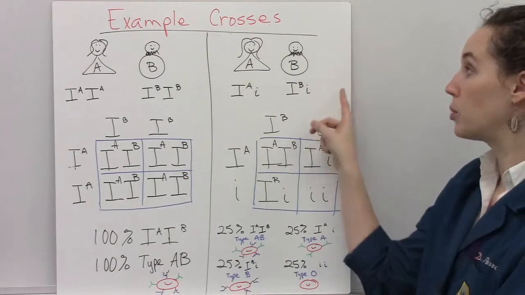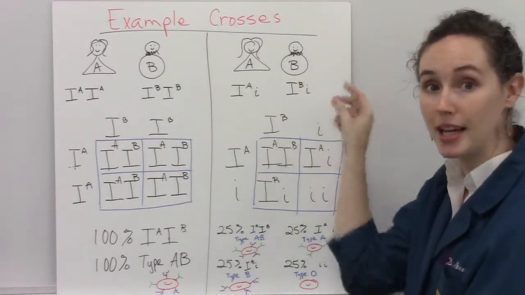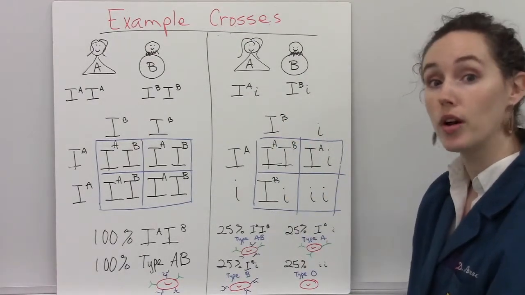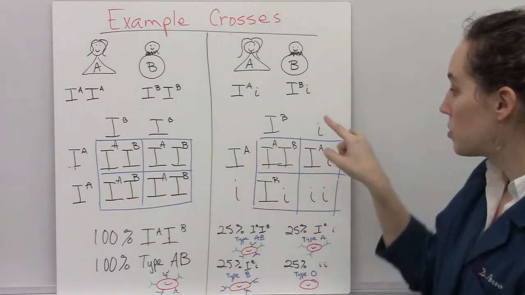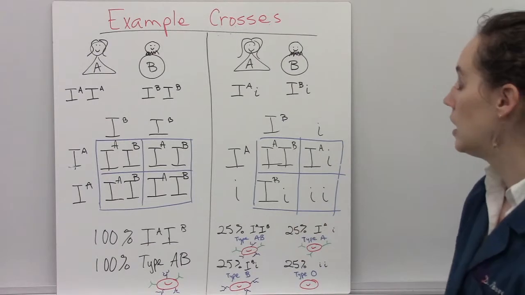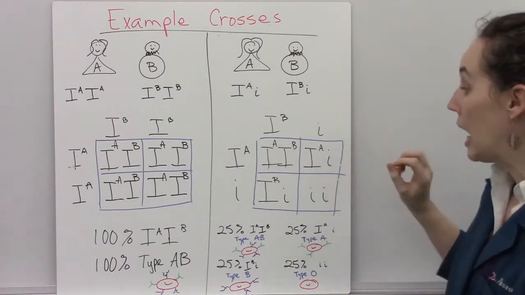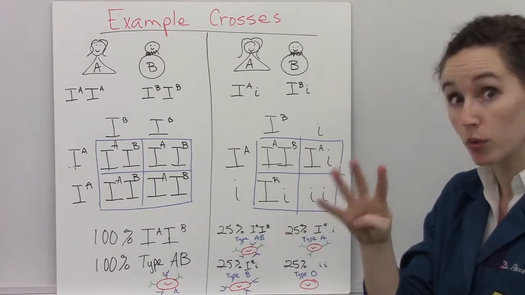In this example, again, I have a mom with type A and a dad with type B. However, this time, they're both heterozygous for A and for B, respectively. So when I set up the Punnett square for this, and I bring the father's alleles down and the mother's alleles over, I'm actually going to end up with 4 different genotypes and 4 different phenotypes.